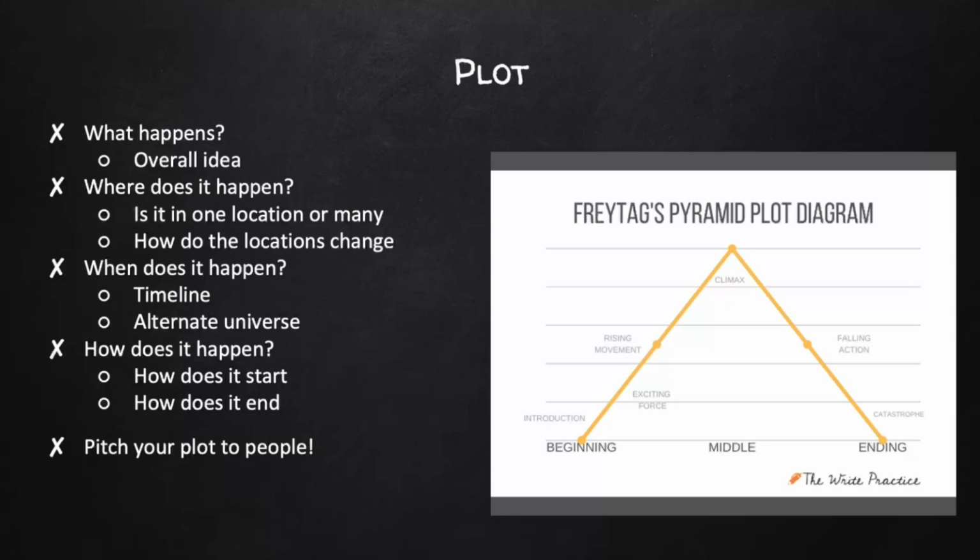I know the MCU does that sometimes, although it's not really affecting the structure, but that's something to keep in mind. And then how does it happen is very important. That's going to be the premise, and then how do you want it to conclude? What drama do you want to inflict? What in the world is going to be changed? What is going to be changed about your characters from beginning to end?